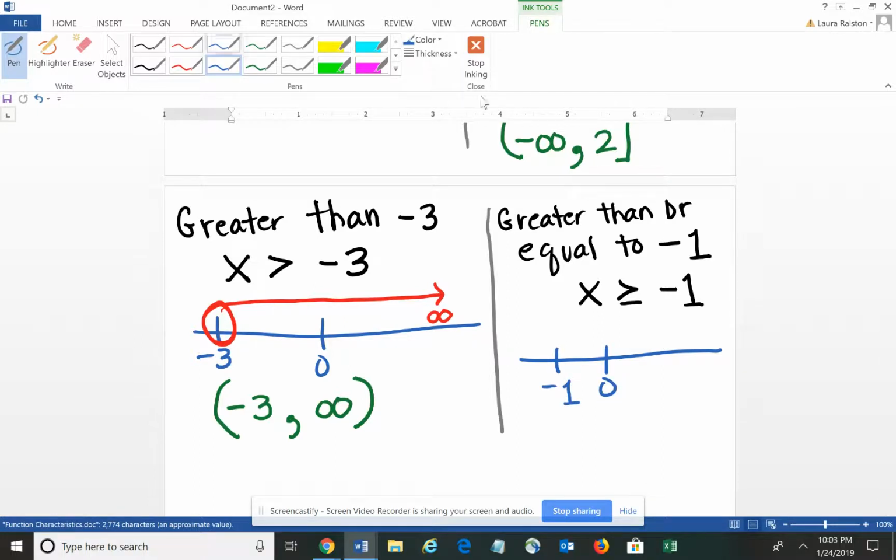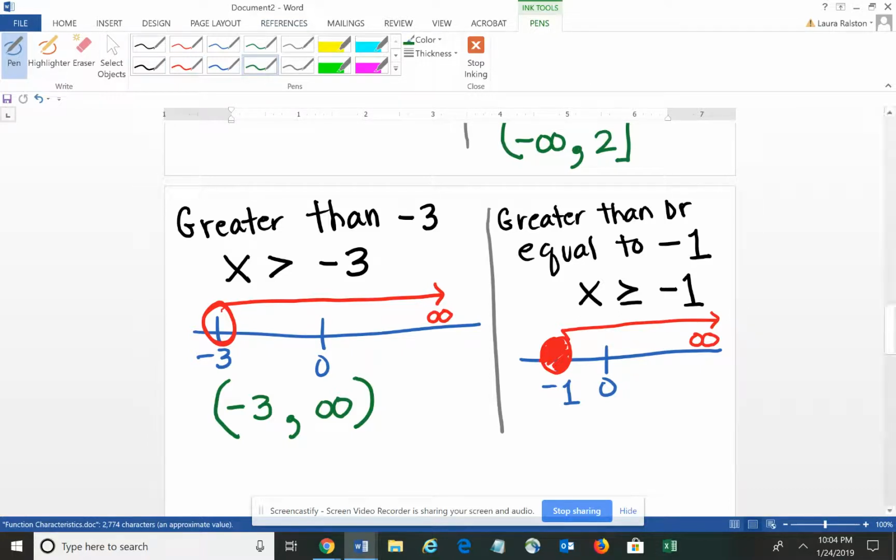In this case, it can be equal to -1, so we could use -1, 0, +1, +5, 10, 1,000, a bajillion. So again, it has that idea that it keeps going on and on and on in the positive direction. We can use the -1, so my dot on the number line would be colored in, and again, it would move to the right, implying it's going to positive infinity.